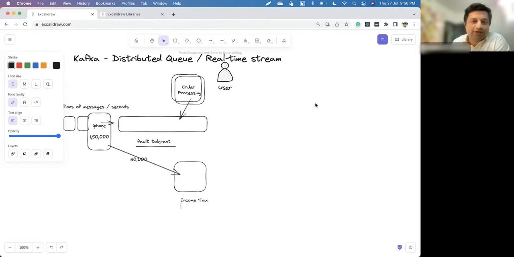This also happens when you do video upload in YouTube. When you upload a video, it does a copyright check, it does a lot of checks. Maybe it tries to identify whether there is any objectionable content, and it will also do encoding.